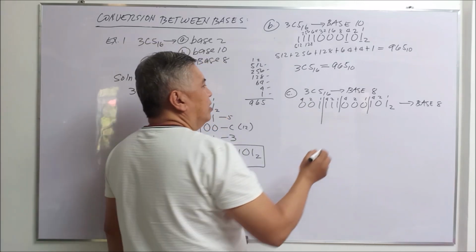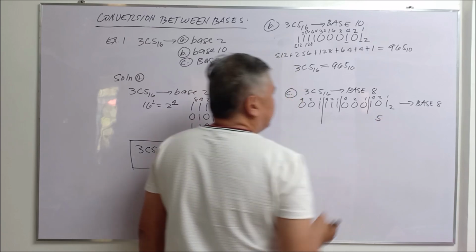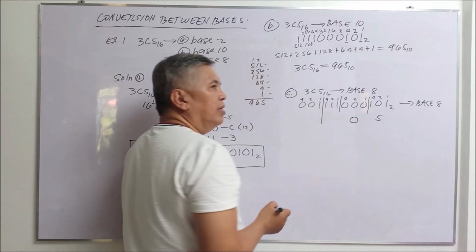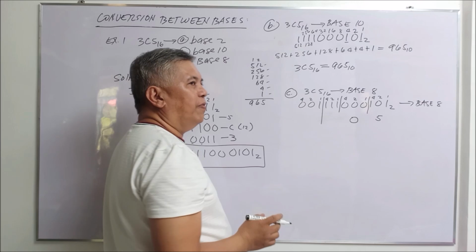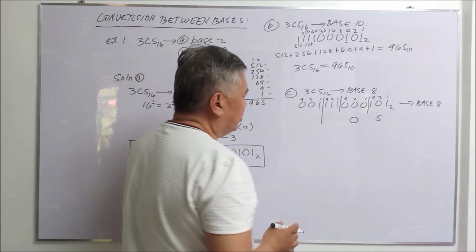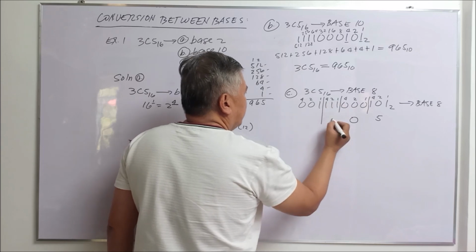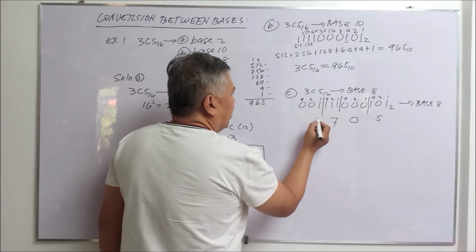Then you add 4 and 1, which is 5. Then you have zeros here. So you have 0. Okay? Do not neglect the 0 here because it will affect our answer. So you have 4 plus 2 is 6 plus 1 is 7. Alright? Then 1.